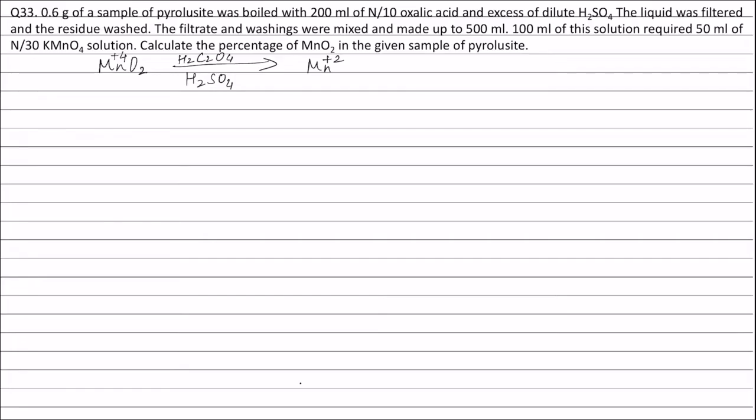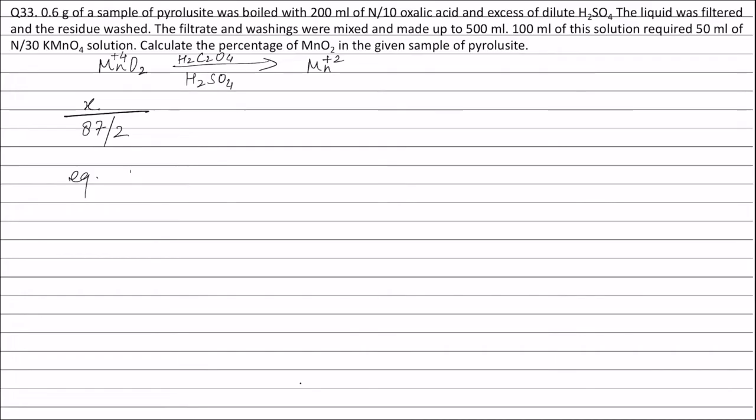Let the weight of MnO2 that reacted with oxalic acid be x grams. Therefore, equivalence of MnO2 that reacted with oxalic acid is x divided by equivalent weight of MnO2. Equivalent weight of MnO2 will be molecular weight of MnO2, that is 87, divided by valency factor of MnO2, that is 2.